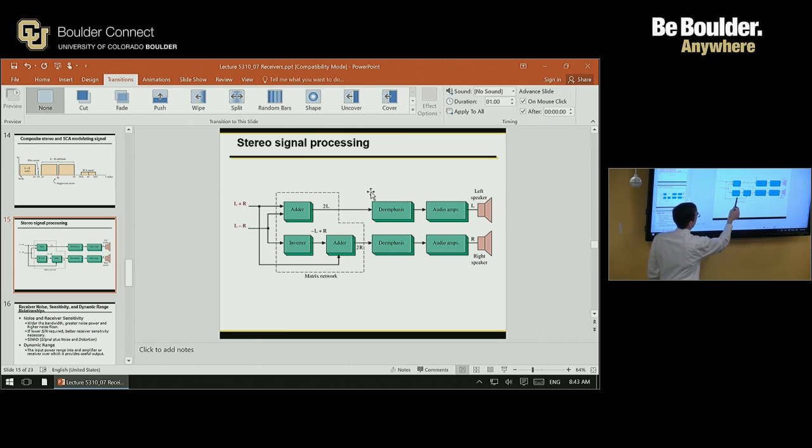And then down here you have your L minus R, and then you add the L plus R in over here, and you end up with a 2L. So you've got your separation of your 2L and your 2R, and you're able to get it through.